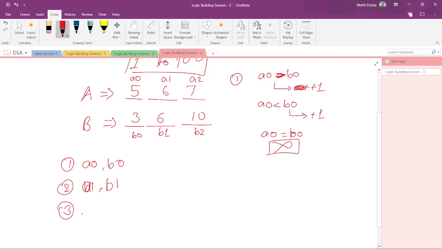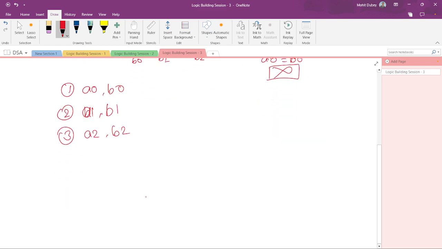The third comparison will be between A2 and B2, right? So let's say we are comparing the first one. If a of 0 is greater than b of 0, then a plus plus. If a of 0 is less than b of 0, then b plus plus.